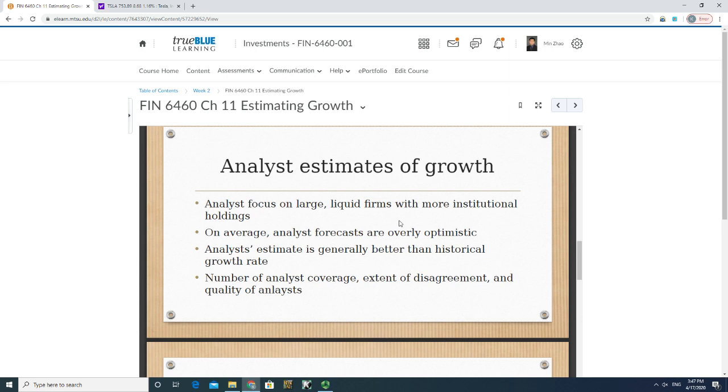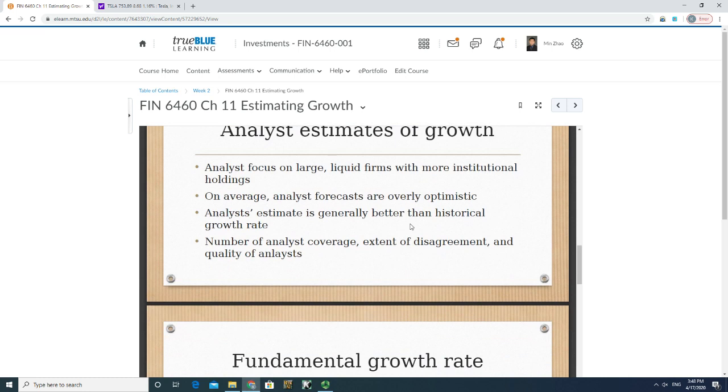That's one big drawback of the analyst approach, because if you adopt it, you might be equally overly optimistic on a company's growth rates. And for smaller companies, since there is less analyst coverage, you may not be able to get a good growth rate estimate. So that's the analyst approach.